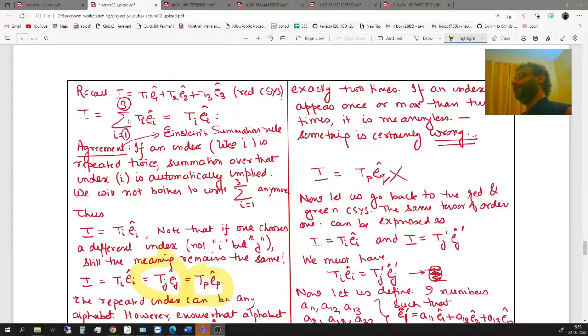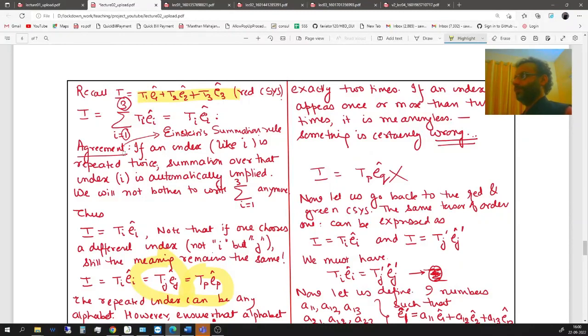So this is one way of making things compact. I write less and convey more. But why don't we go even one step further and say that we don't even write the sigma symbol. We just write T_i E_i and let that represent the whole expression, a sum of 3 terms.